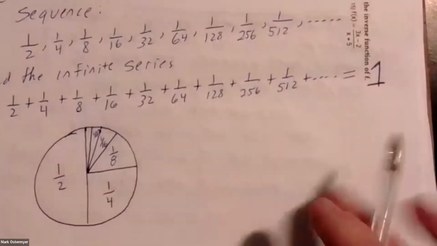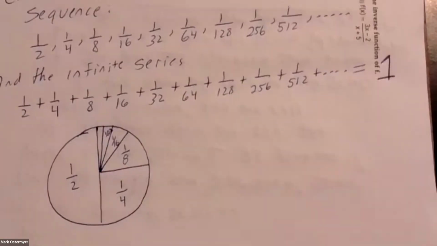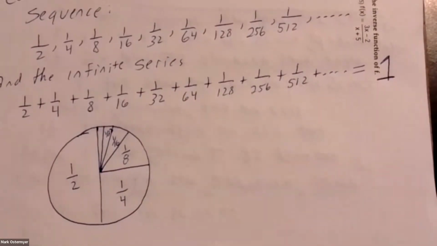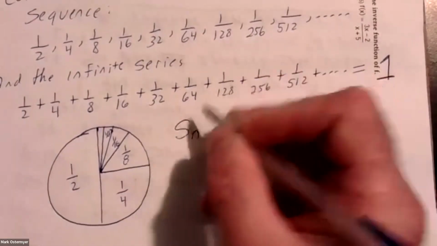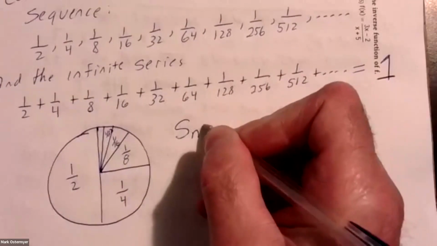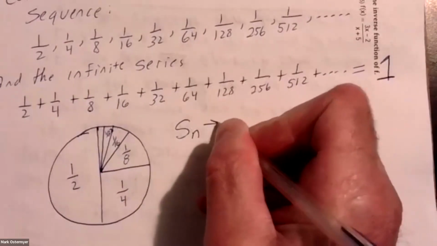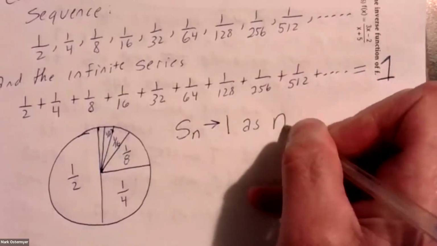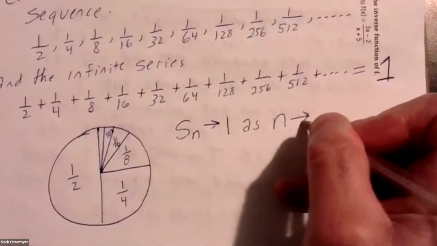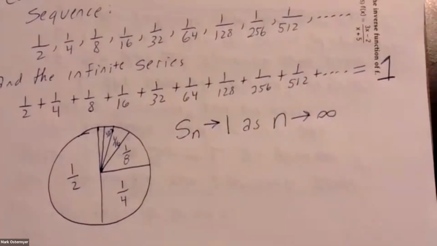So this infinite sum has to be 1. In other words, we say that the sequence of partial sums that we touched base with a couple of days ago approaches 1 as the number of slices approaches infinity, as we continue to subdivide the slices in half.